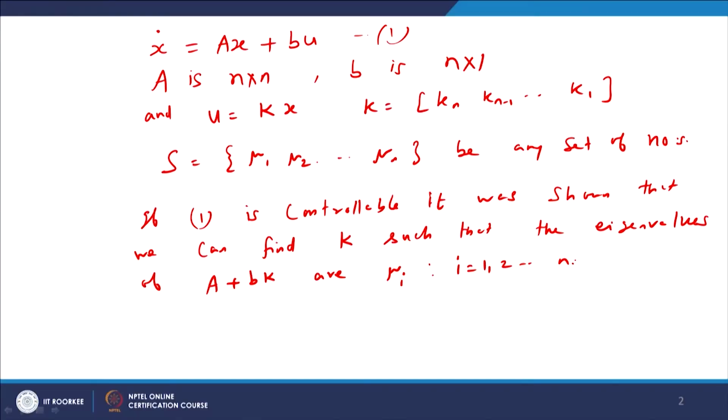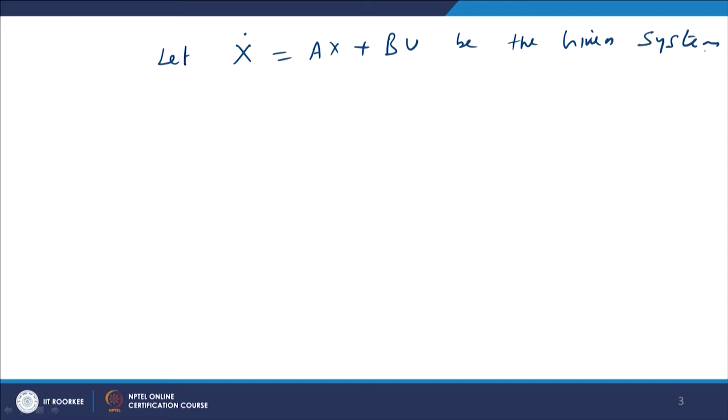In the previous lecture we started the same theorem for the general case, where A is an n cross n matrix and B is an n cross m matrix. So, let x dot equal to Ax plus Bu be the given control system, and here A is n cross n.